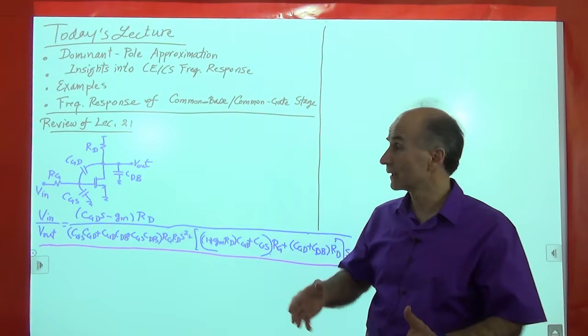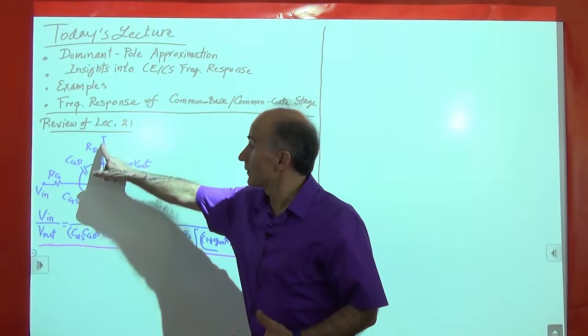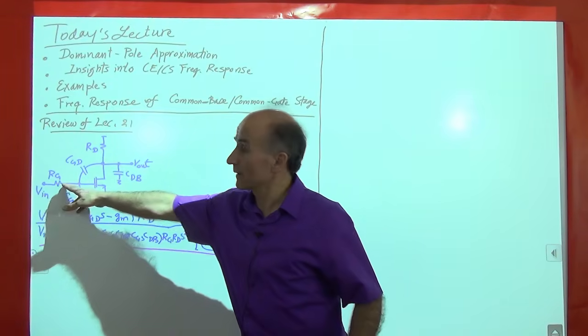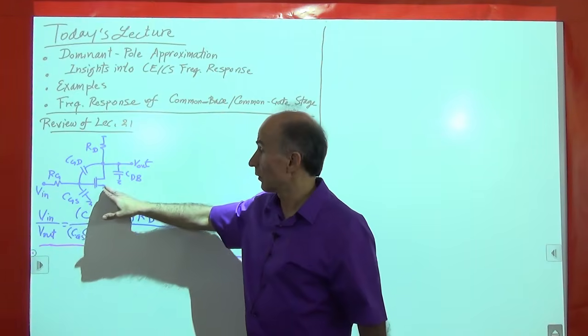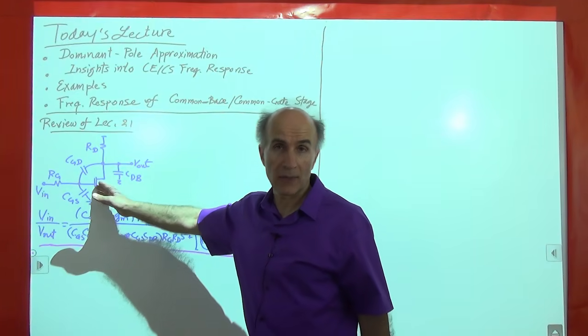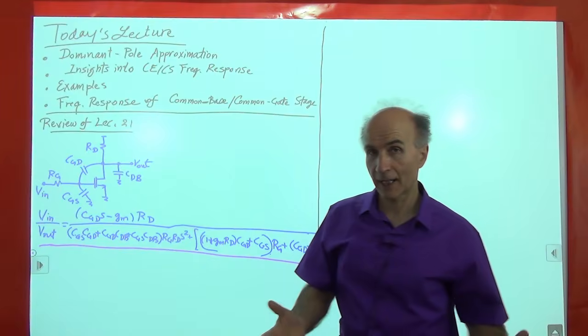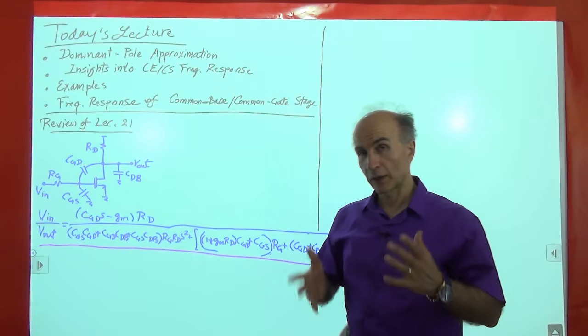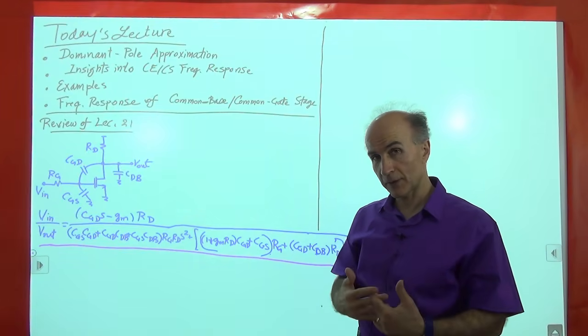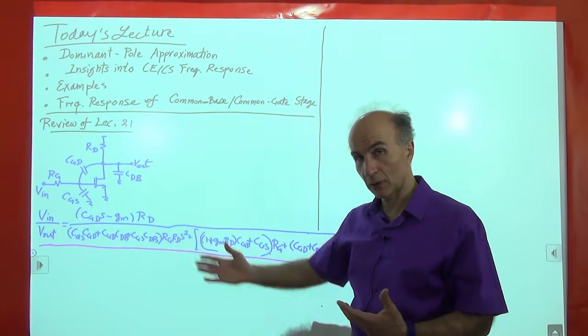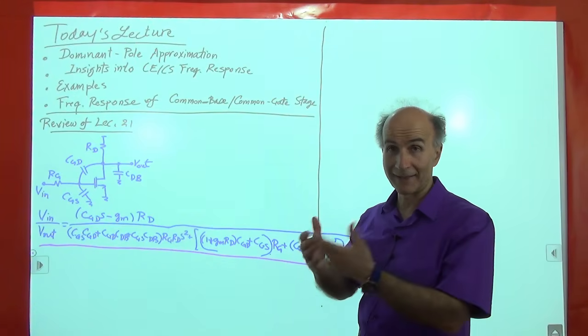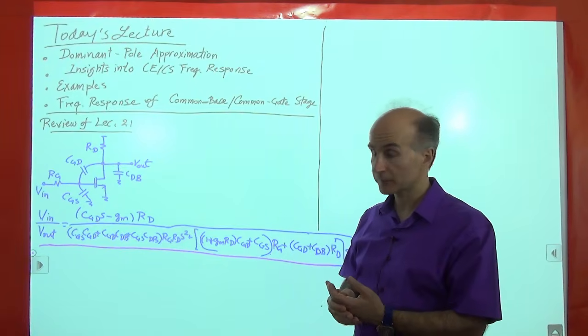We haven't selected how much this resistor has to be, or what this is from the previous stage, or how wide this transistor should be, how much current it should carry, all these things. So we would like to see the trade-offs first in terms of fundamental equations before we go and select values.